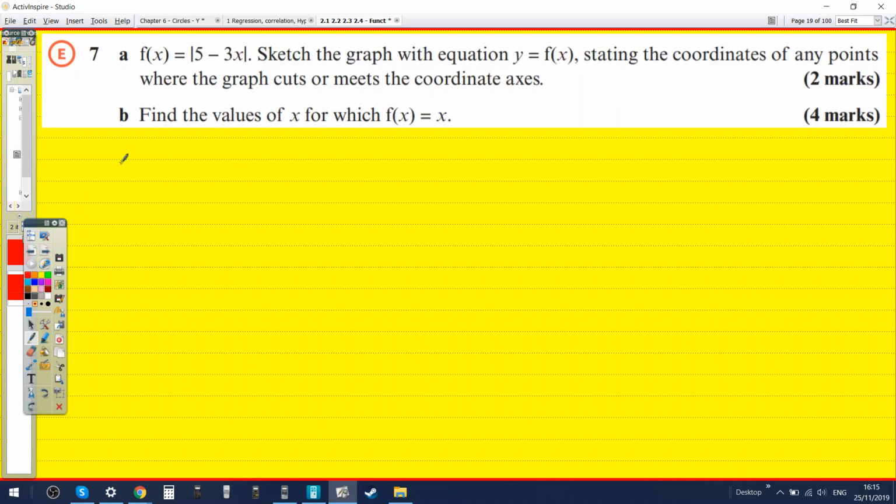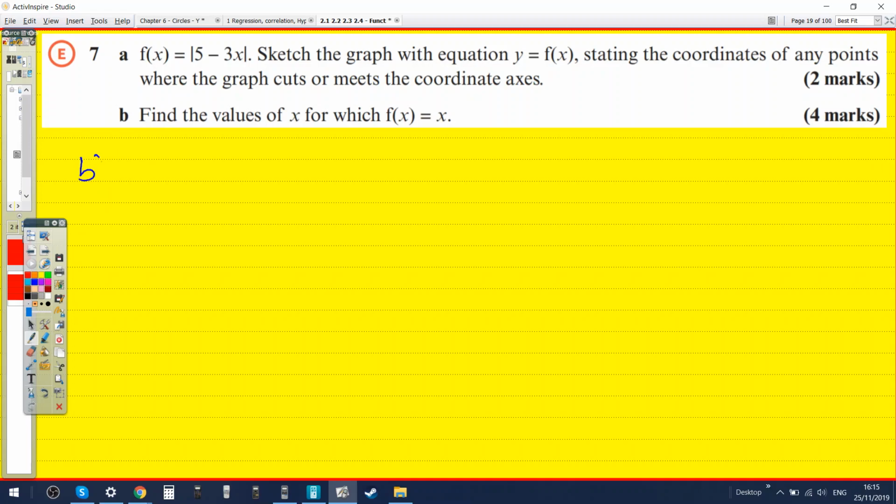There's just one I want to try, part B. How would you do this? So do we forget about the modulus brackets?